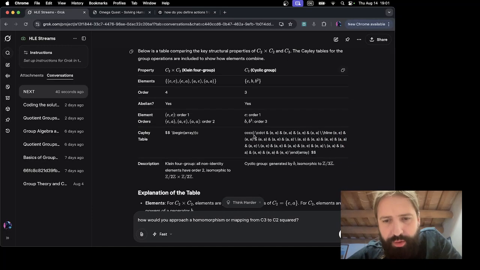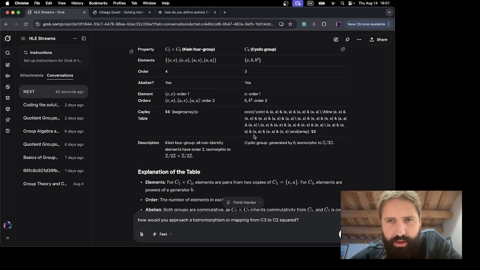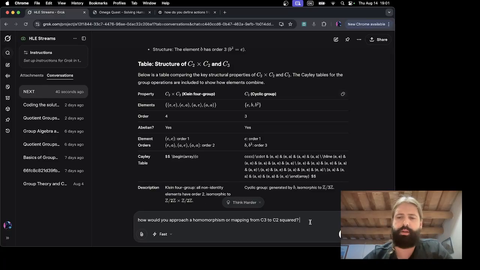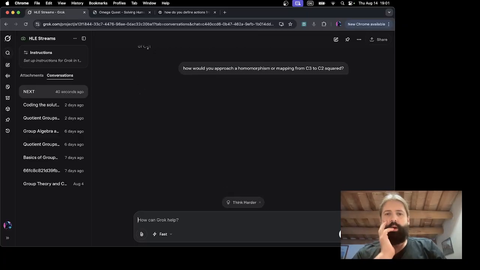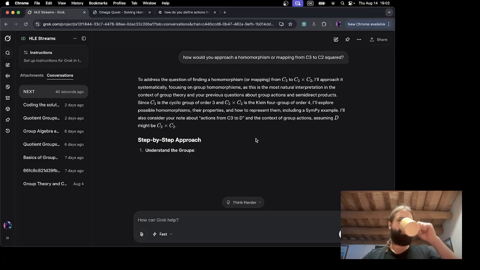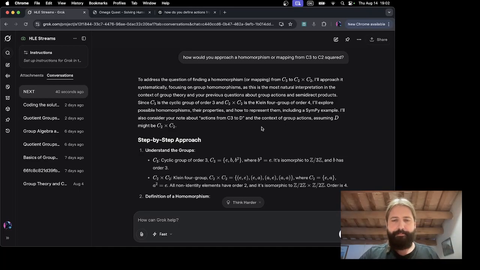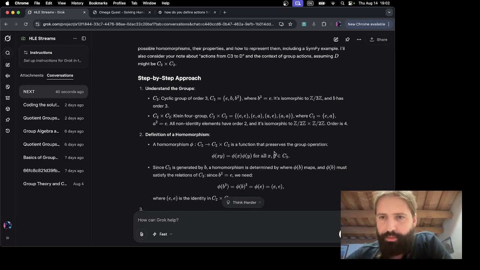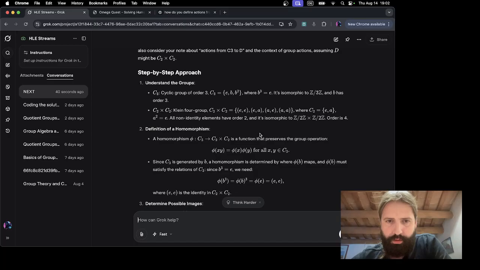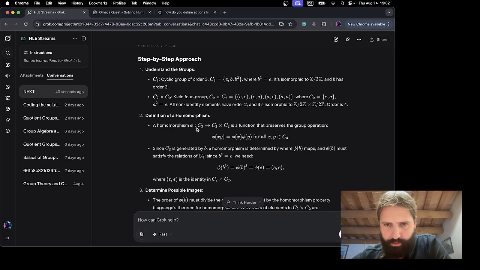I just don't know how you would approach that structurally, but let's see how you approach a homomorphism of C2 squared. Yeah, so it's from C3 to C2 squared.